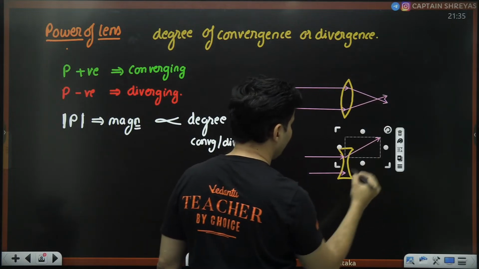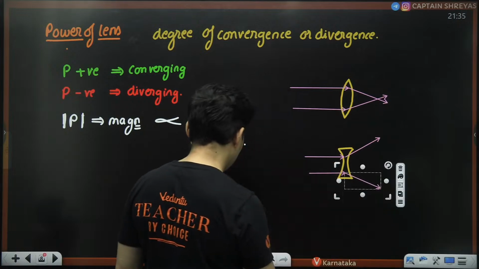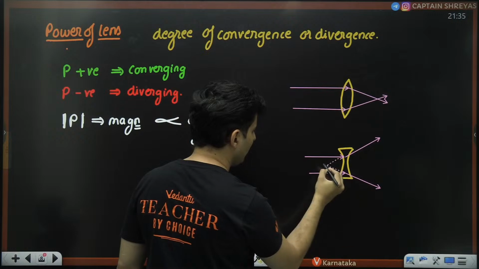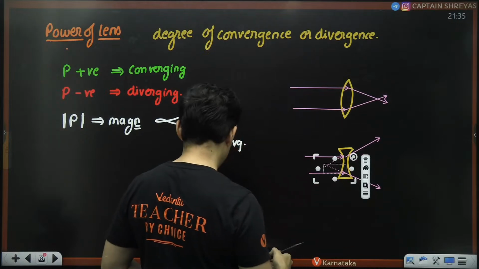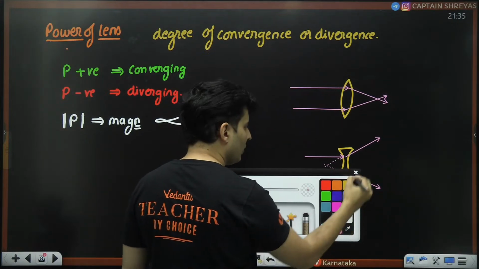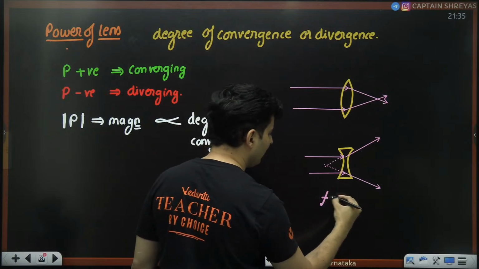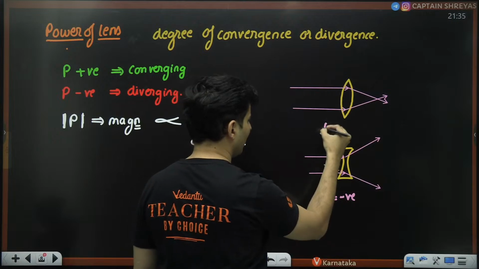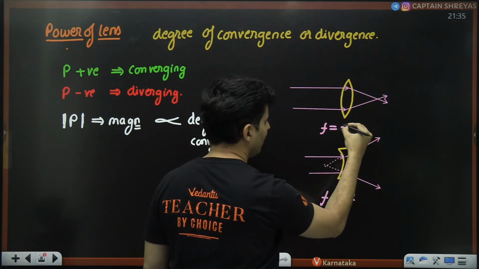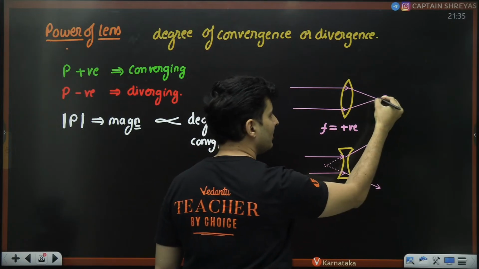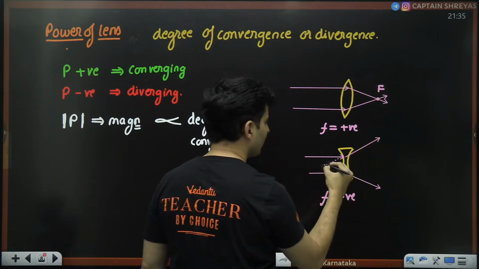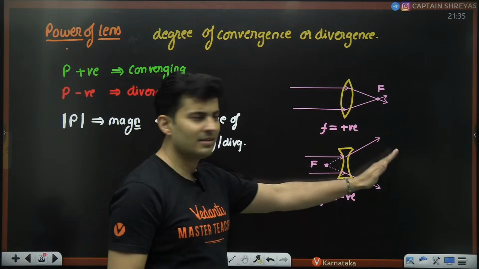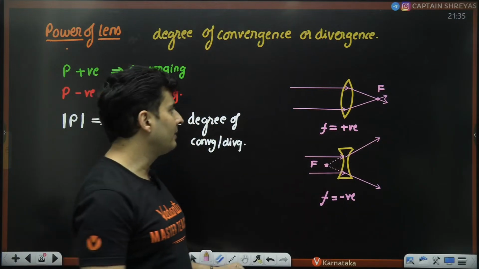For a concave lens, it obviously diverges, so you have to extend it behind to exactly locate where the focal point is. The focal length for a concave lens in general will be negative. For a convex lens, the focal length will be positive. Here, the focal point is on the incident side, so this is the negative side, and this is the positive side by sign convention.